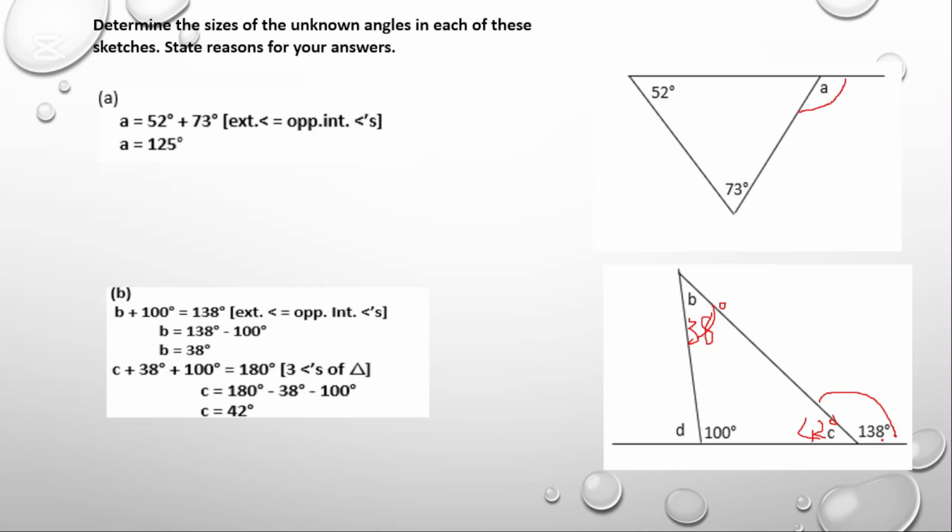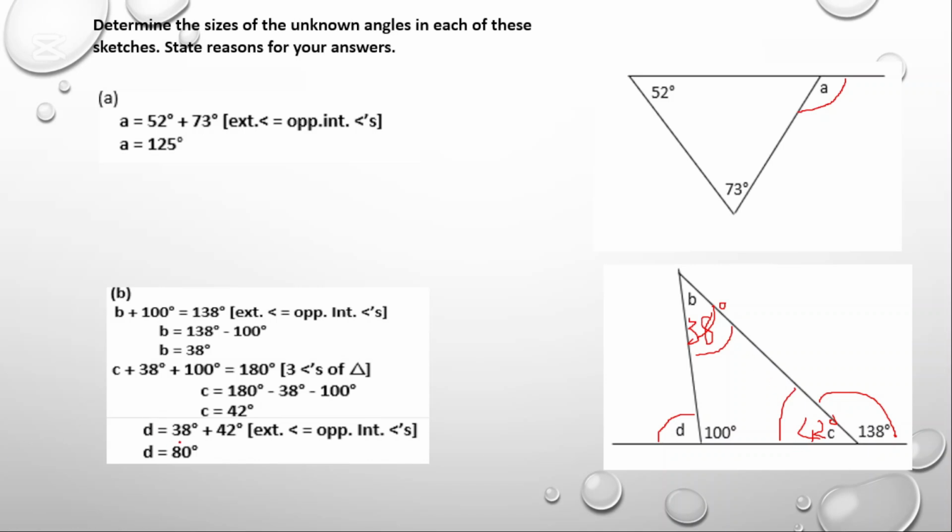Now we go to D. D is now the exterior angle from this side, and D is equal to this angle plus that angle there. Exterior angle is equal to the sum of the opposite interior angles.